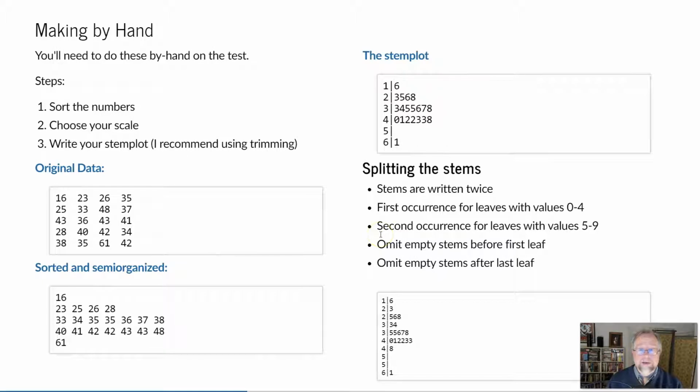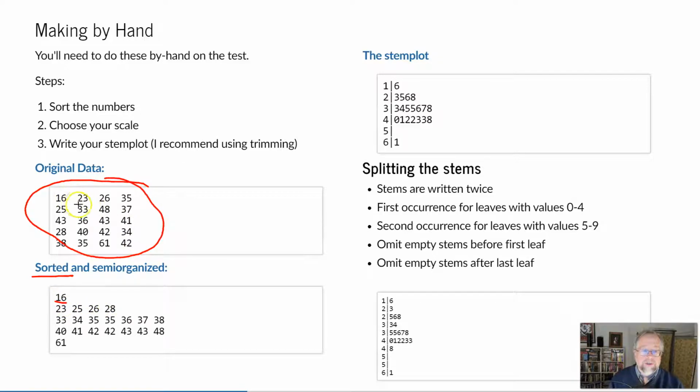Now, if you want to make these things by hand, and you will want to at least once, you typically start with some data, and then you need to sort that data. And if you're careful about how you organize it when you sort it, you basically make the stem plot just as a matter of course. So if I took all the numbers that started with 10 and sorted them, I get 16.